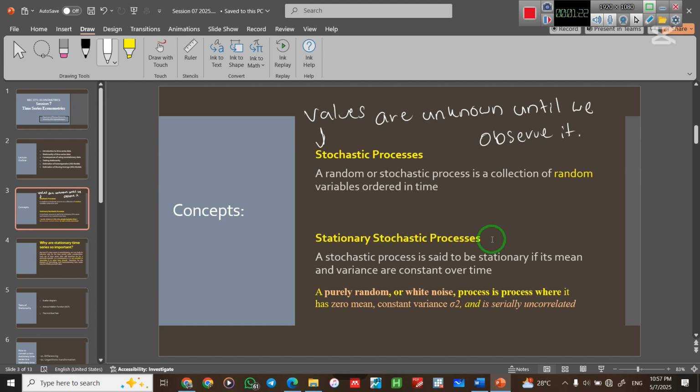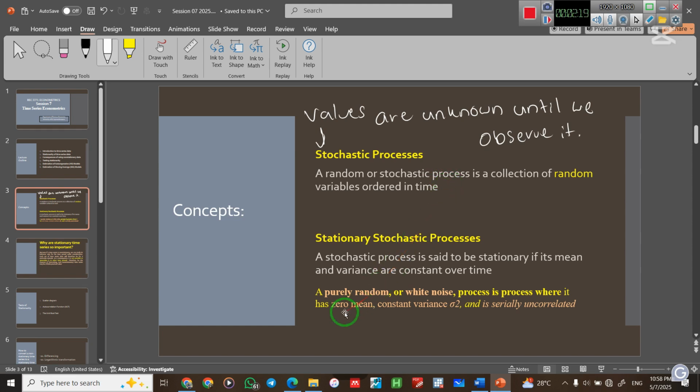It says that a stochastic process can be said to be stationary if its mean and variance are constant over time. So in this stochastic process we are collecting values for different variables, right, students? If the mean and the variance of these values are constant over time, we can say this stochastic process is stationary, right?